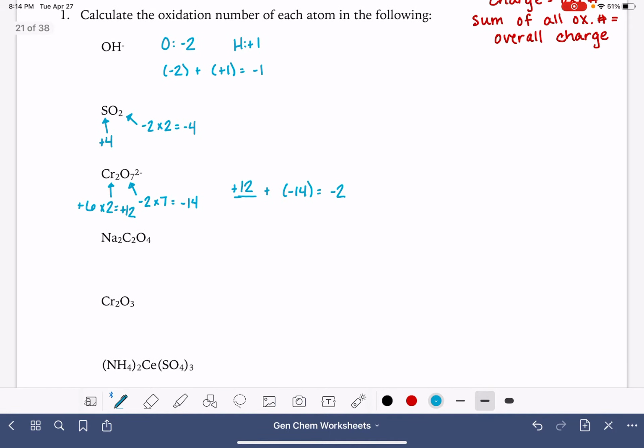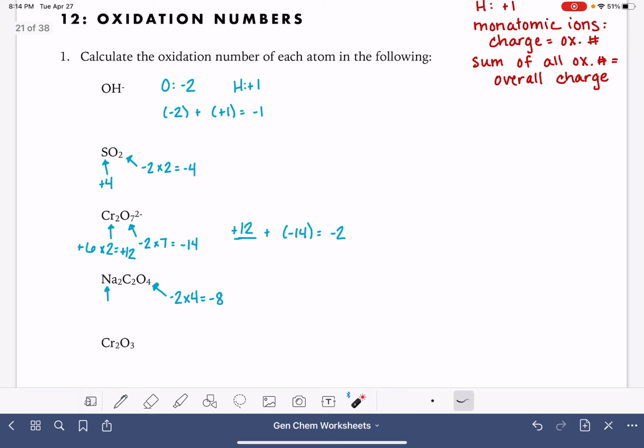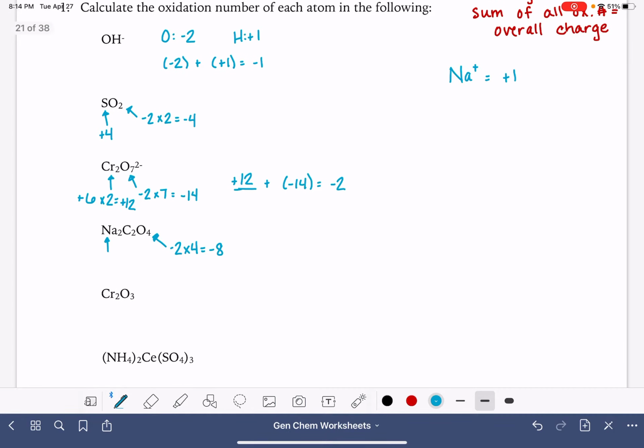Here's our next example. Things are getting even trickier. We have oxygen atoms. Each one is a -2, and there are 4 oxygen atoms, so that is a total of -8 for all those oxygens. We have these sodium ions, and remember that for something that normally exists as a monatomic ion, like Na+, its oxidation number is its charge, +1. So for this sodium ion, the oxidation number is +1, and there are 2 sodium ions, which means overall they have a combined oxidation number of +2.